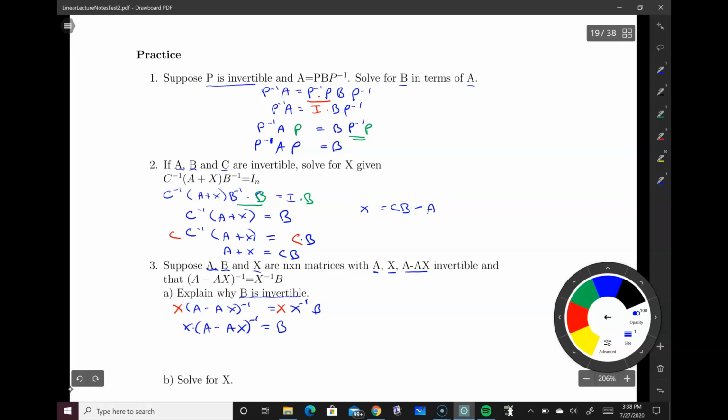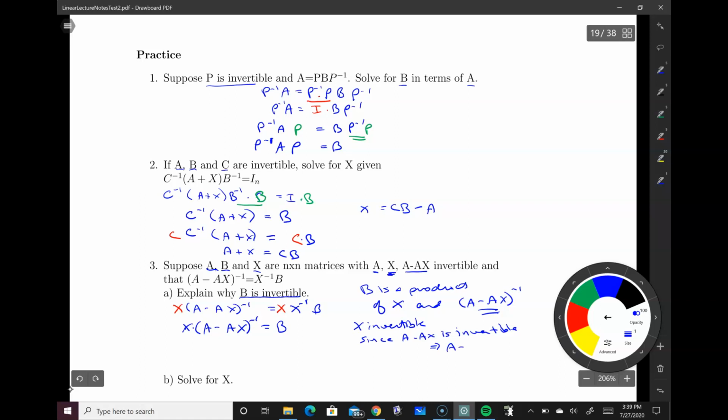So what I have is B is a product of two matrices. So B is a product of X and A minus AX inverse. And what do I know about X? X is invertible. And do I know that this is invertible? I do, since A minus AX is invertible.